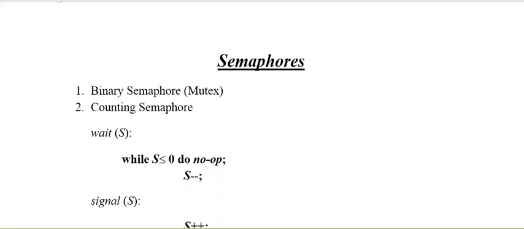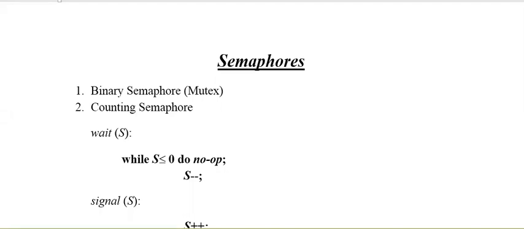Today we are going to start another topic, that is semaphore. In previous lectures of process synchronization, we had picked what is critical section, and what are the necessary conditions to solve the critical section: mutual exclusion, progress, and bounded waiting. Then we moved to how to deploy such solutions which can incorporate all these conditions, and we picked various solutions.